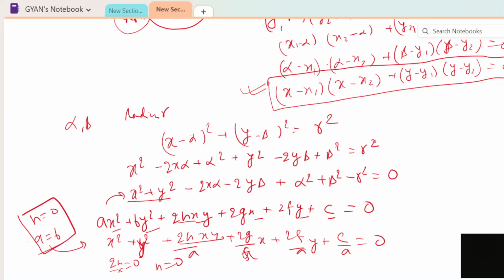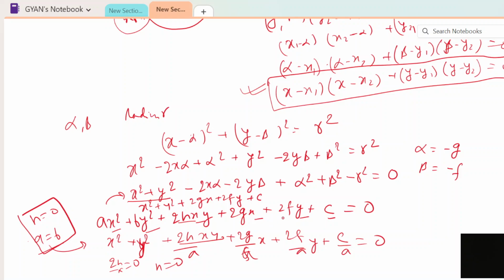So now compare this one: x square plus y square plus 2gx plus 2fy plus c. Here 2 alpha is equal to 2g, that means alpha is equal to minus g and beta is equal to minus f.